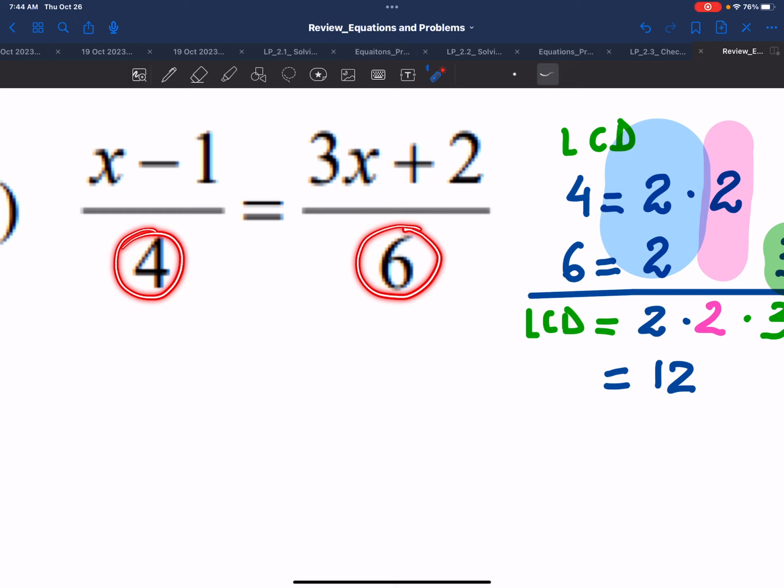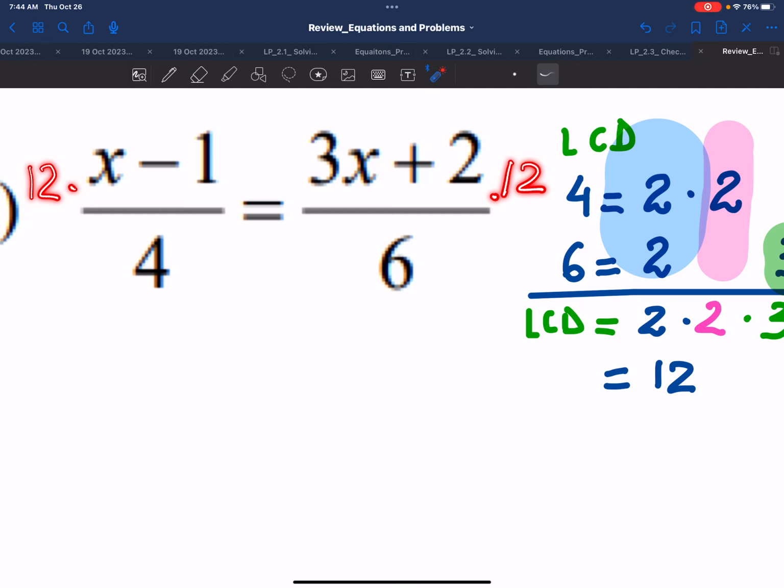Which means that if you multiply by 12 both sides of the equation, which we're allowed to as long as we perform the same operation to every term in the equation, both sides of it, then the number 12 will simplify all the denominators. Let's see how this works.